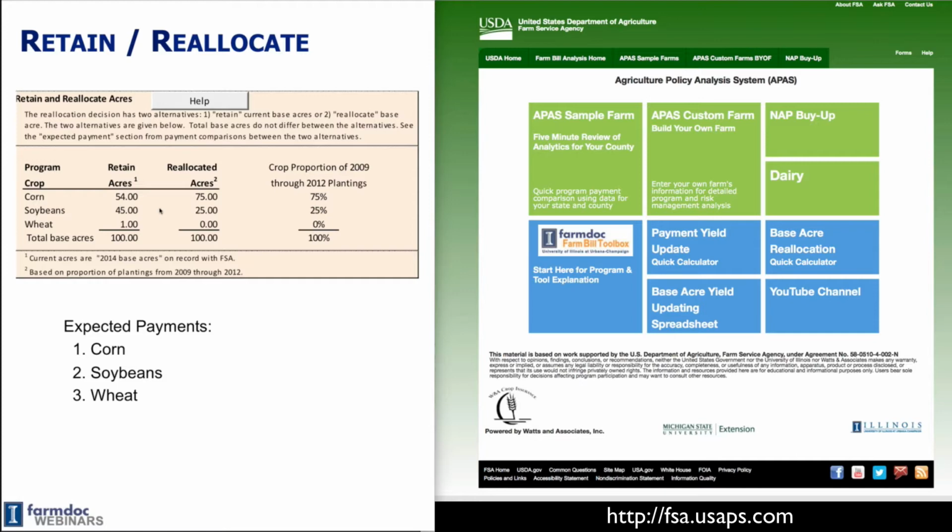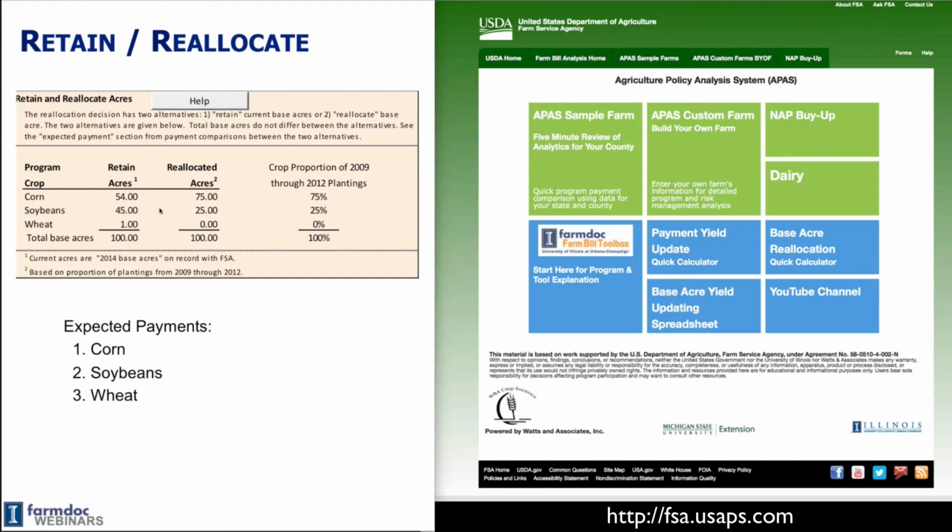Here's just an example on the base retain or reallocate acres. You will be given two choices. Retain, in my example, is 54 acres corn, 45 acres of soybeans, 1 acre wheat for a total of 100 base acres. The other is 75 acres of corn, 25 acres of soybeans, total of 100.